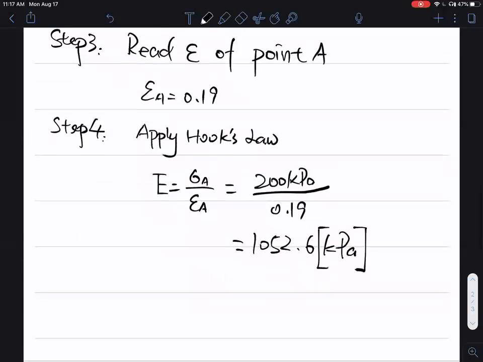Make sure you have units. The units for Young's modulus are the same as stress: pascal, kilopascal, megapascal, gigapascal. Or you can use newtons per meter squared. They share the same unit.